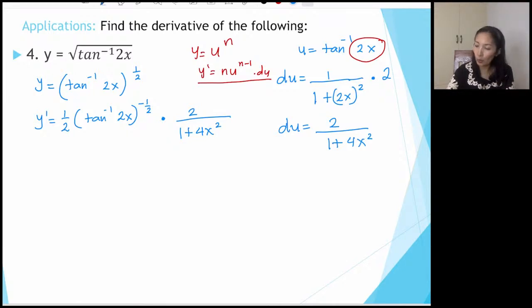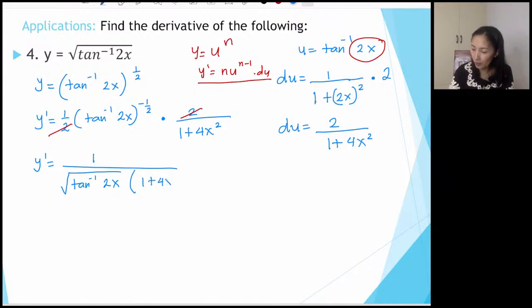Okay? Now, what happens to 2 and 2? The 2 in the denominator cancels out with the 2 in the numerator. So your y prime then is equal to, now we move this to the denominator, giving 1 all over the square root of arctangent of 2x times 1 plus 4x squared.